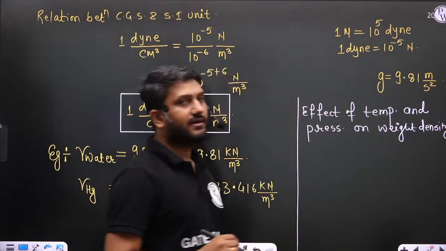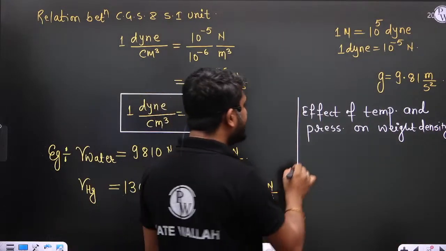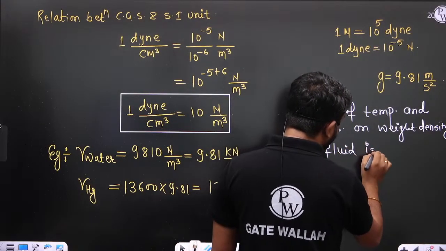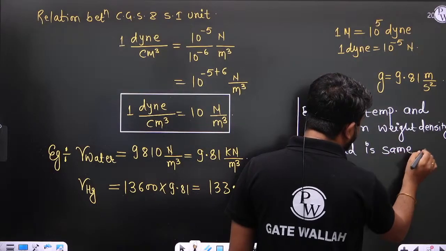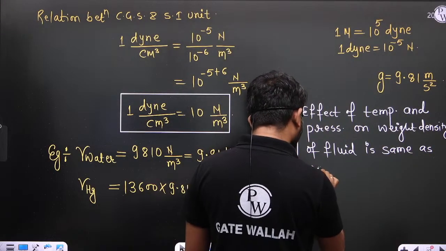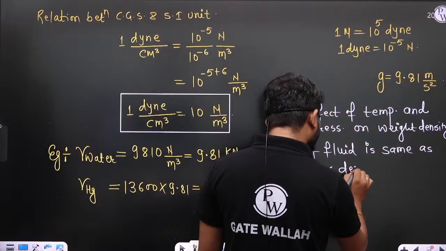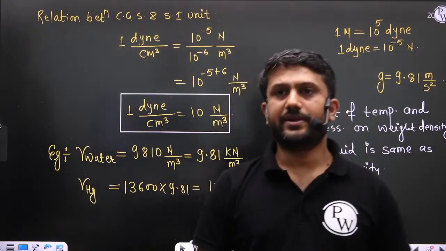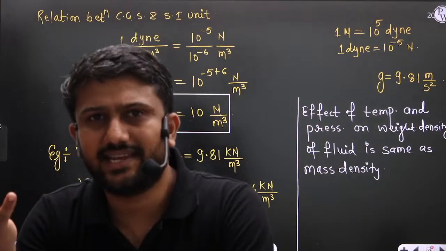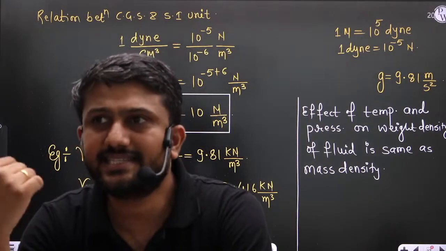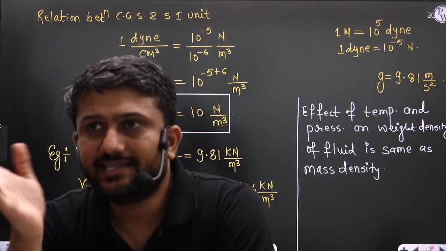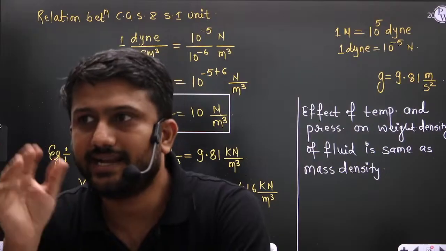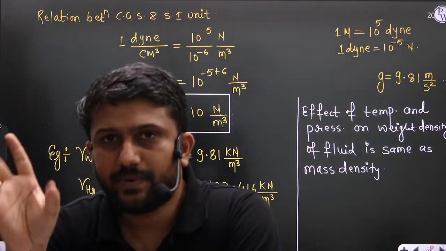The effect of pressure and temperature on the weight density of a fluid is the same as on mass density, or simply density, because the only difference is g, and g is constant. g is independent of pressure and temperature, and for the earth we assume the g value is constant, and that is 9.81 meter per second square.